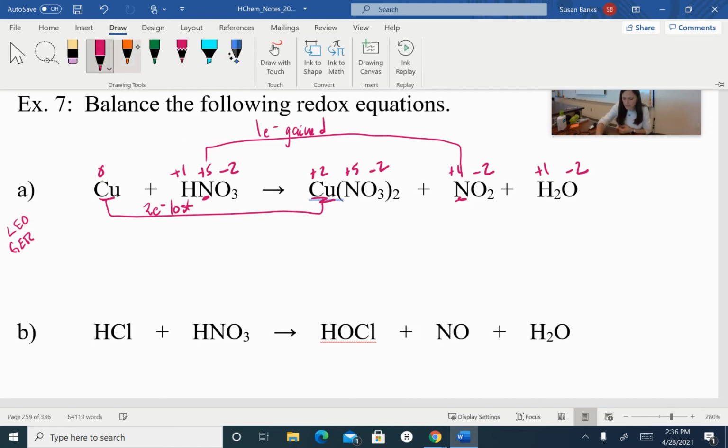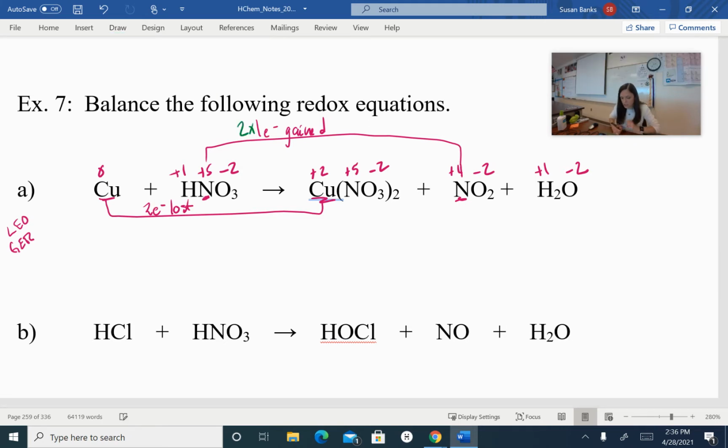So I need to balance those. So I need to multiply this all by 2 to get me 2 electrons. So I'm going to multiply my nitrogens, everything that has nitrogen that is changing, by 2. Okay? So now I have balanced my electrons that are coming and going.